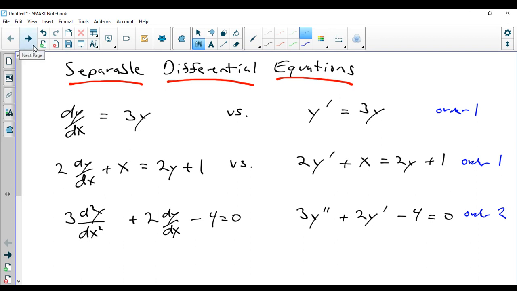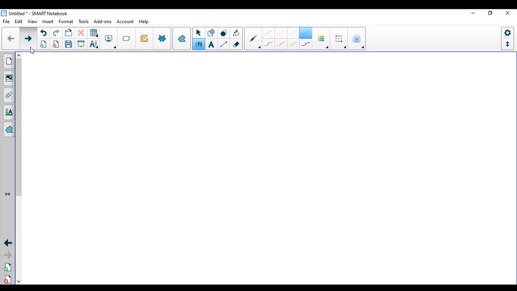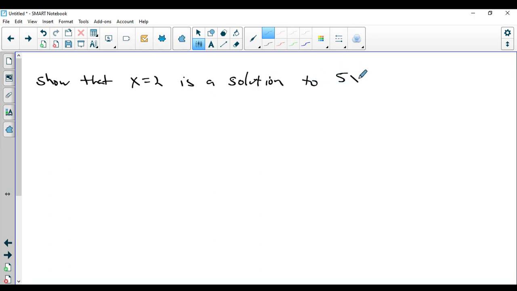All right, so now what do the solutions to differential equations look like? Because that's kind of interesting, and I feel like I should discuss that before we show you how to solve them. Let's back up for a second and transport ourselves to 6th grade. What if I said, show that x equals 2 is a solution to 5x equals 10?